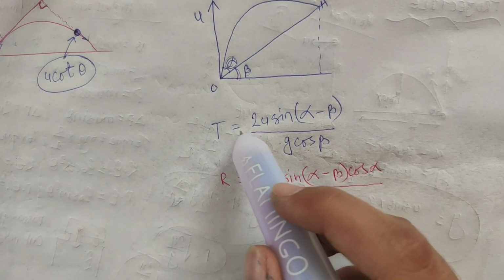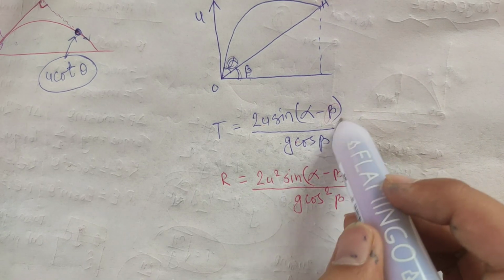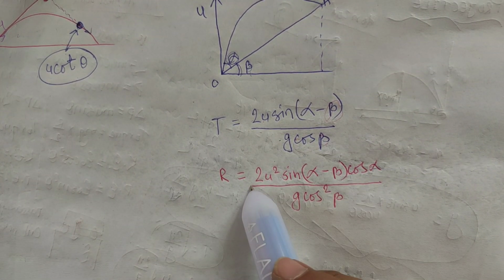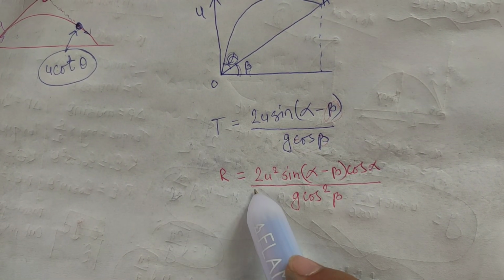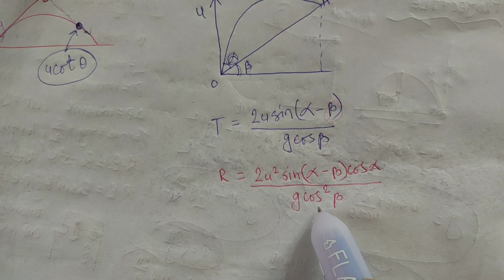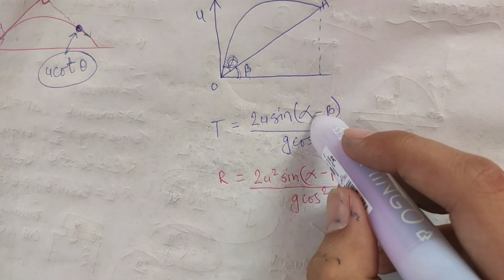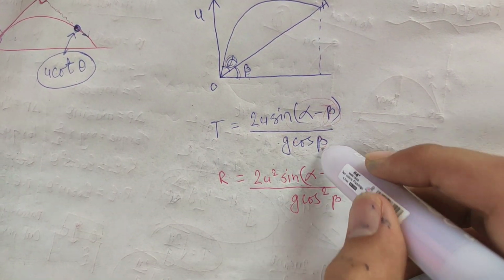So it looks like 2u sin theta by g, but here you have to add cos beta.